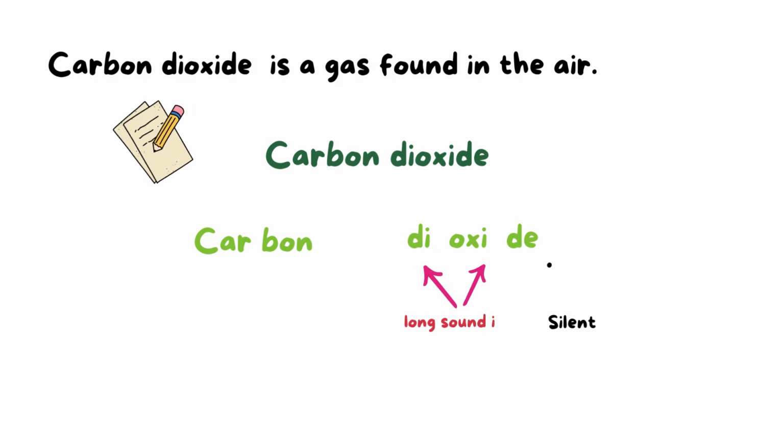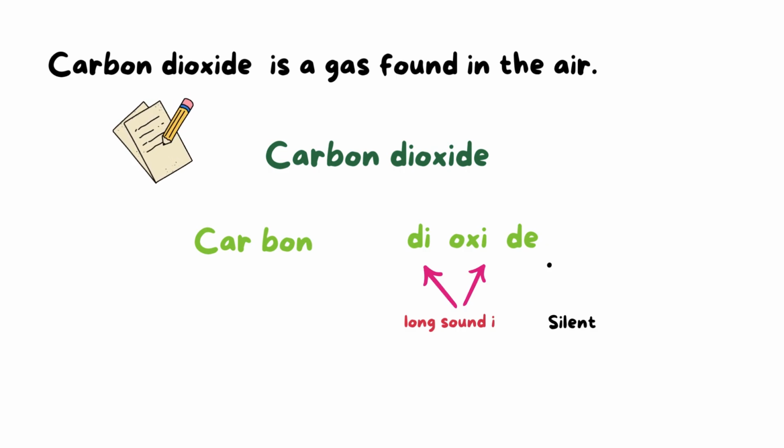And then we have oxy. Here also I pronounce the long sound for the letter I, so it's di, oxide. We know that the E at the end of most words in English doesn't get pronounced. So we have here the word carbon dioxide.